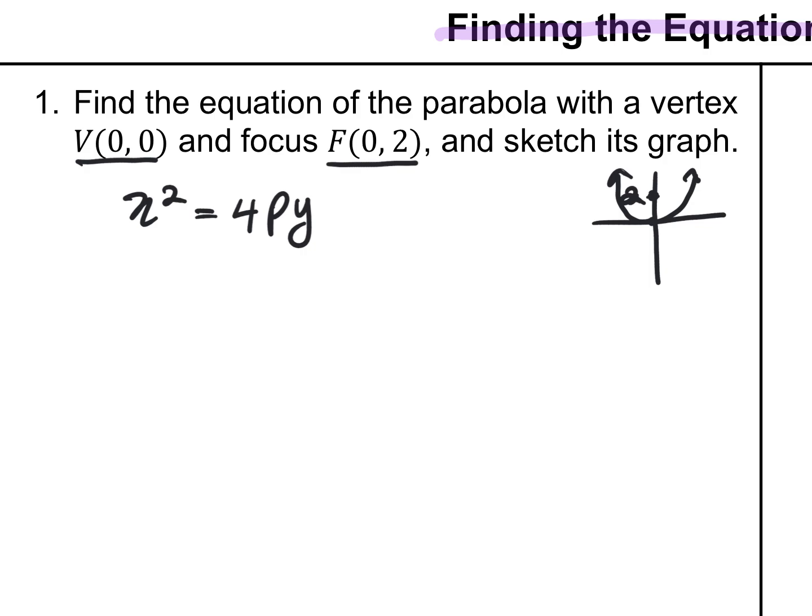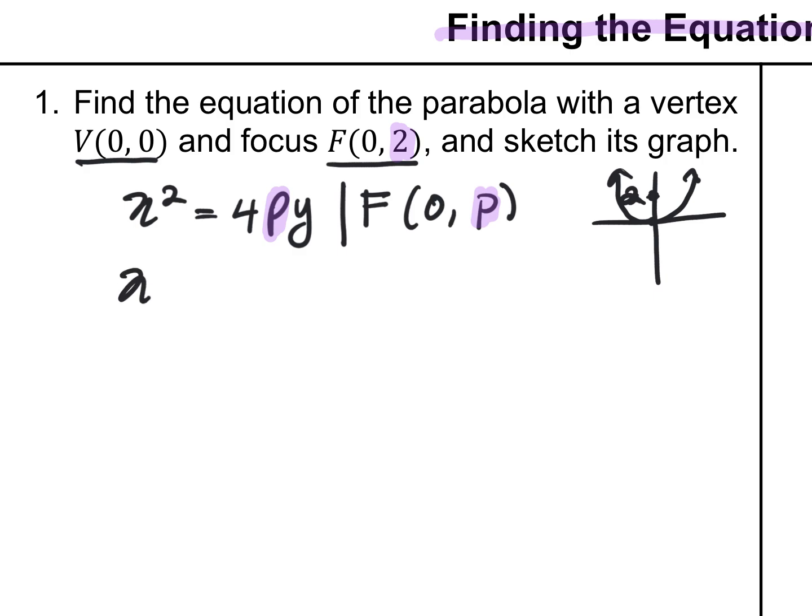Remember, we said earlier that in these kinds of parabola, the focus F is (0, p). Therefore, the value of p here is going to be 2. They are going to be the same. So we're going to use this same value of 2 and put it in here and simplify the equation. Okay, so let's do that now.